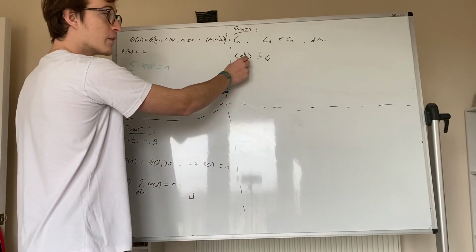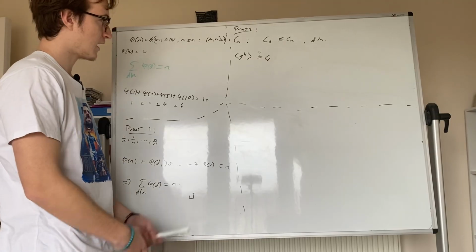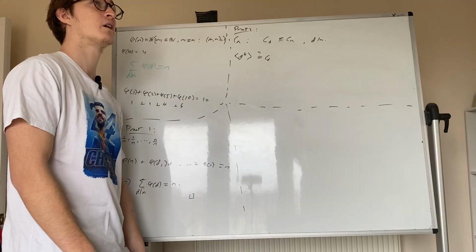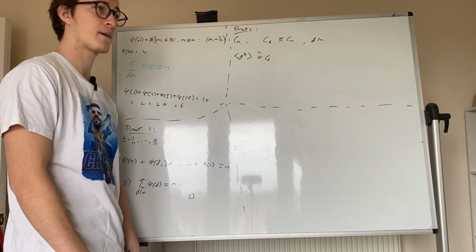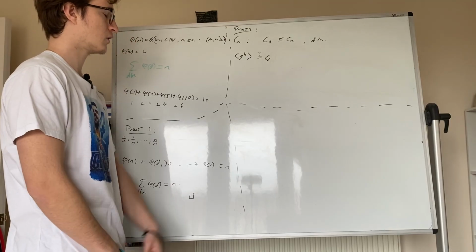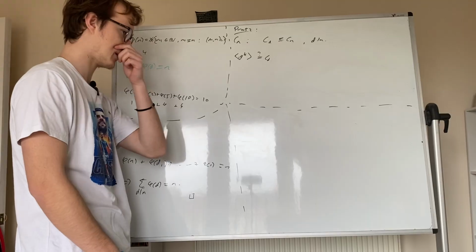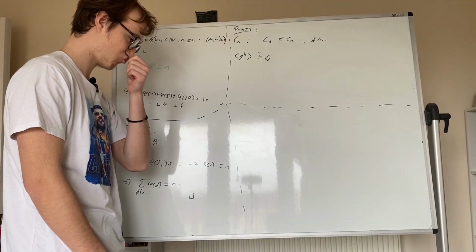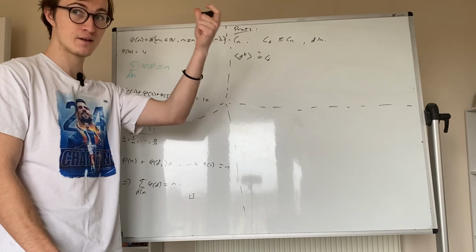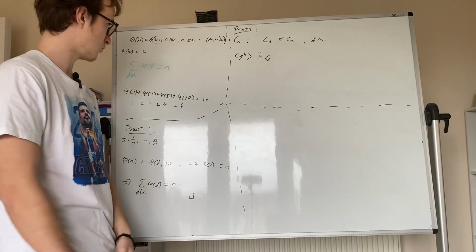Well, we need that g to the k has order d, basically. And for g to the k to have order d, let's think about this. We need k to not have any factors in common with d. Why is that?